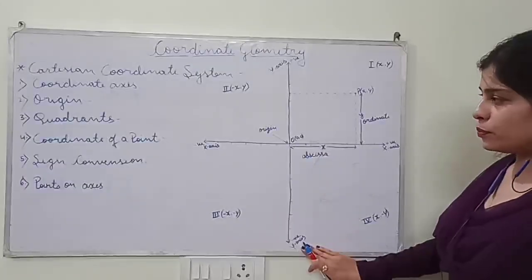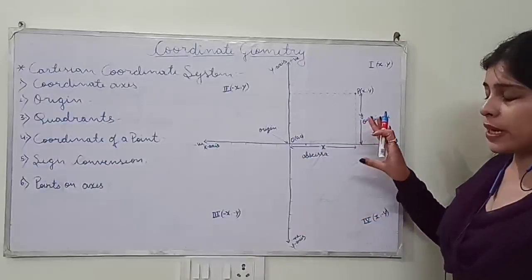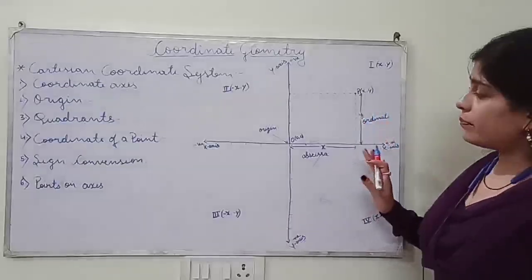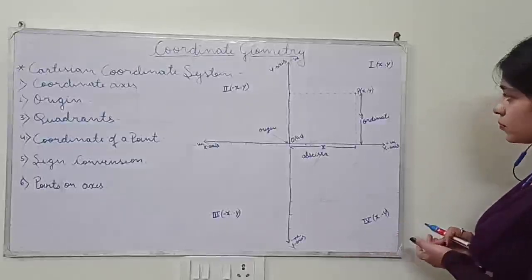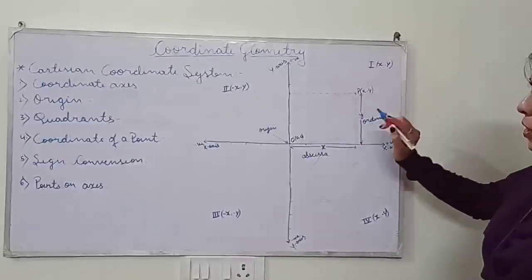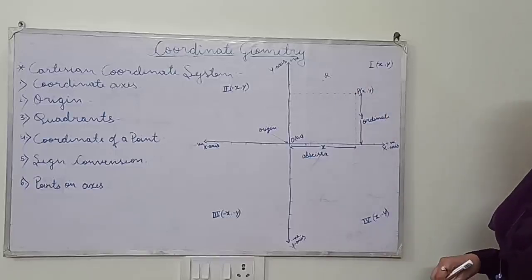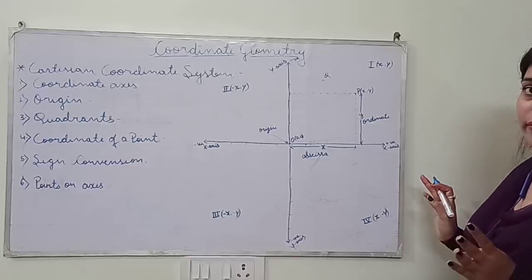Understanding the positive and negative x-axis and y-axis will help us understand the sign convention. See, suppose we have some point Q here. How will we find its x coordinate and y coordinate?